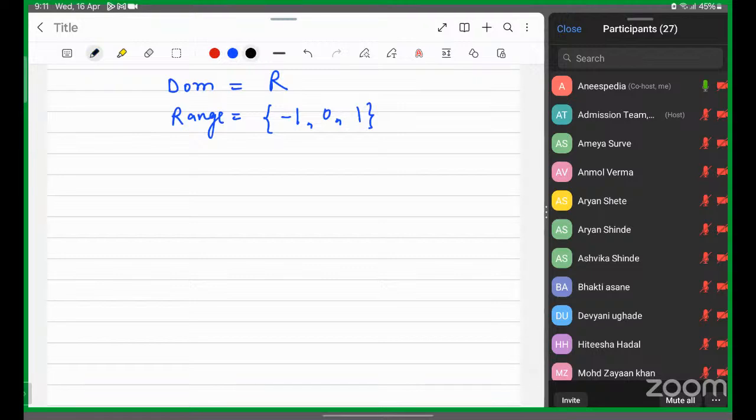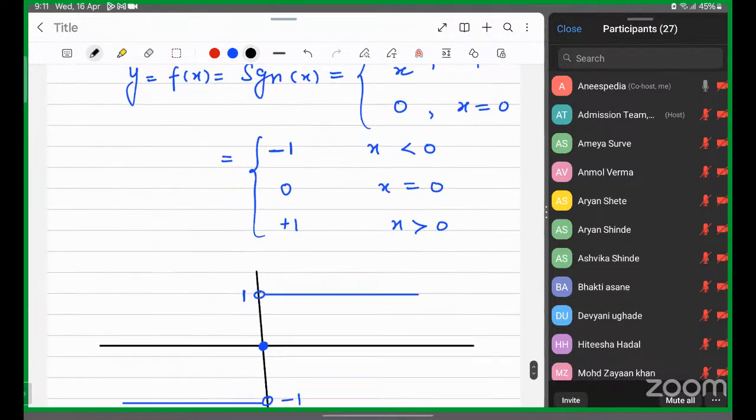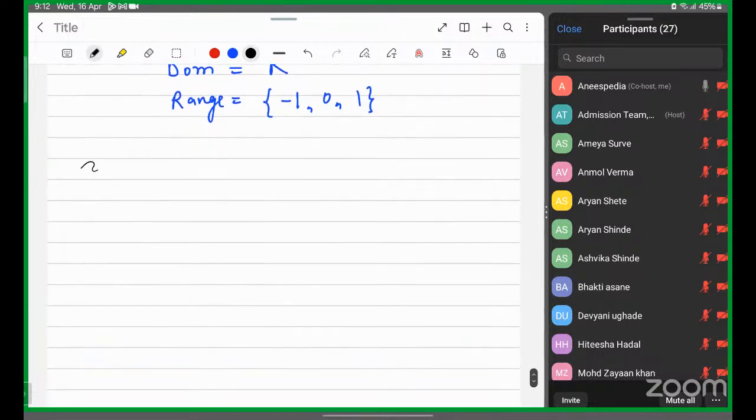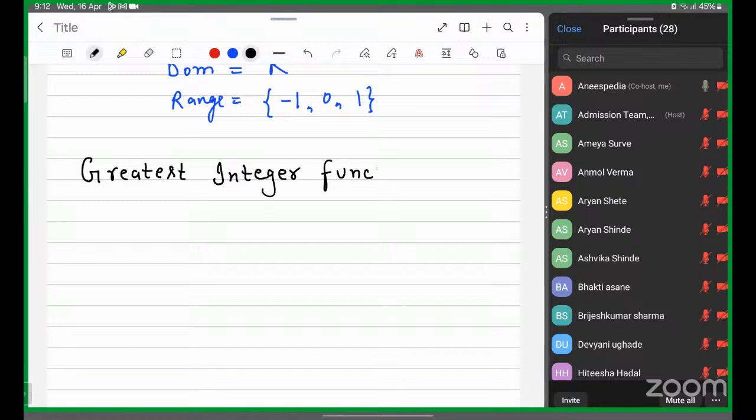Then we have greatest integer function, which is also known as step function or floor function.